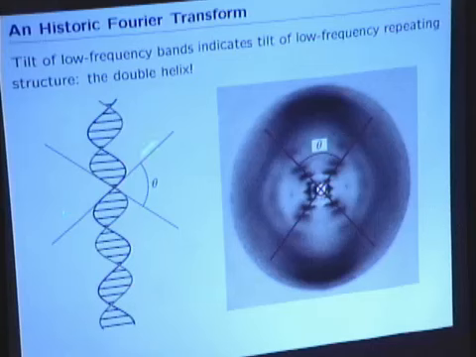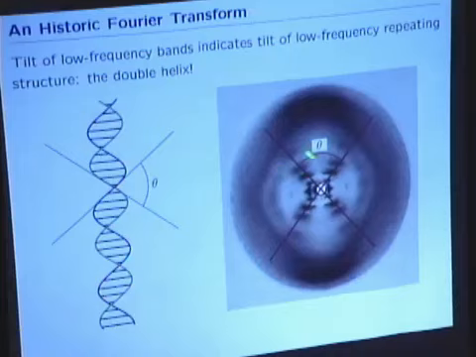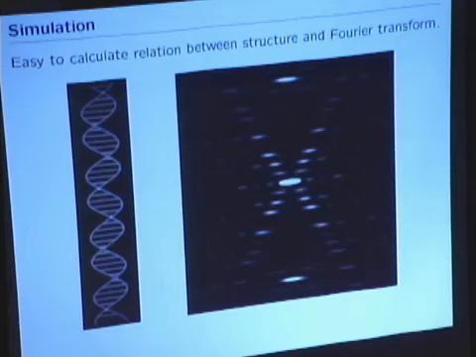In fact, angles in space get rotated 90 degrees when they're in frequency. So the angle between these solid lines tells you something about the angle that the helix makes as it's wrapping around. So you can easily make a model of this experiment, and that's what this is.